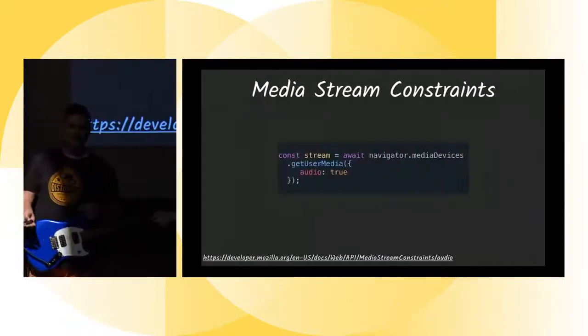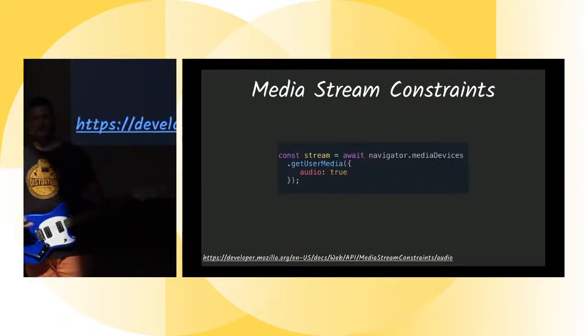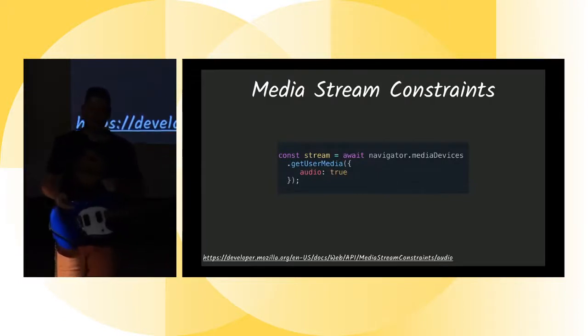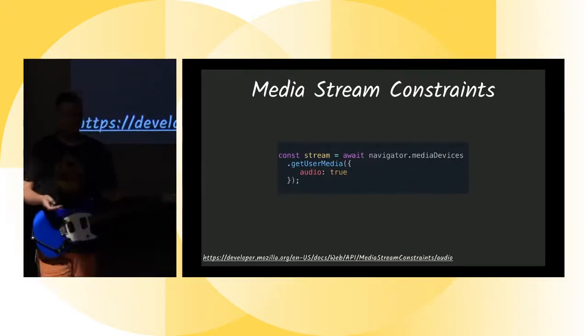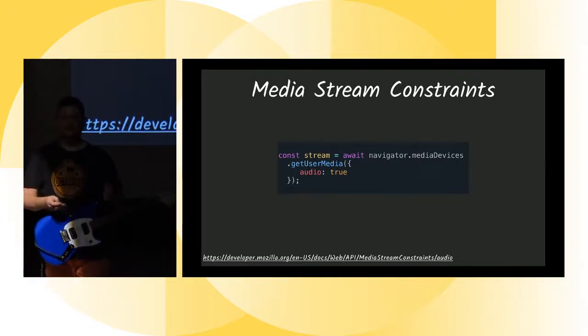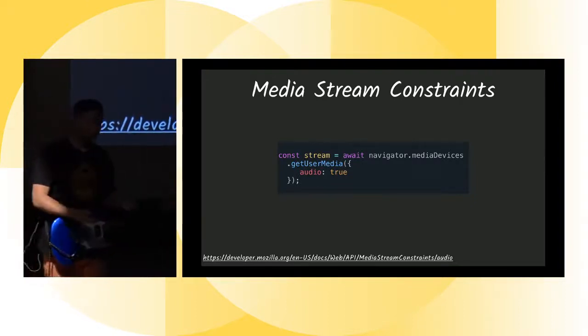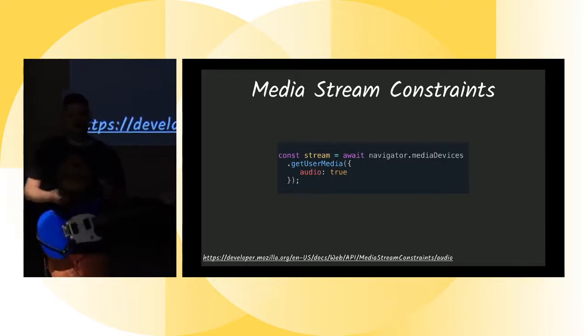That's fine, but hey, wait, I've got some audio constraints for you. What do I mean by that? It's completely fine to request audio using just getUserMedia audio true, but by default, most browsers apply some post-processing to the input stream.